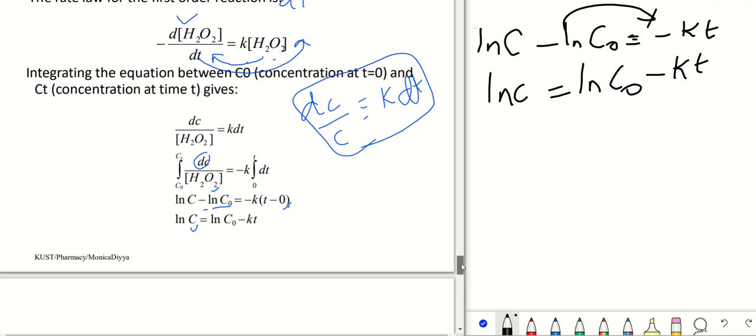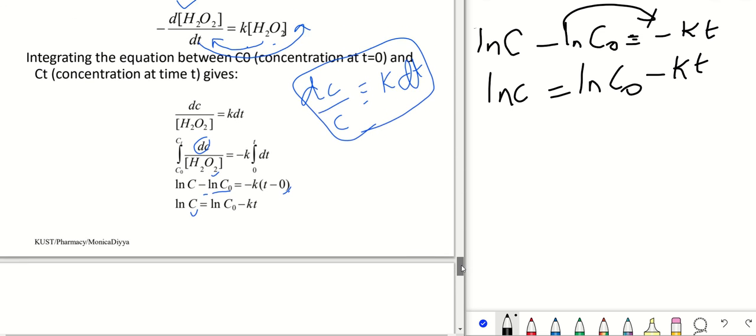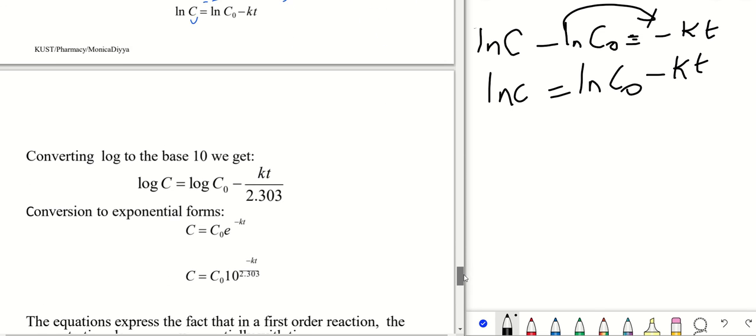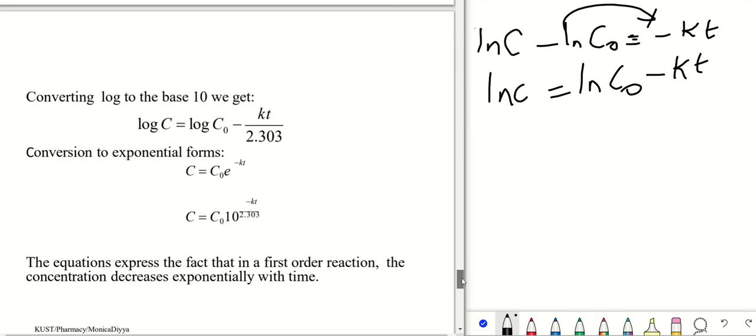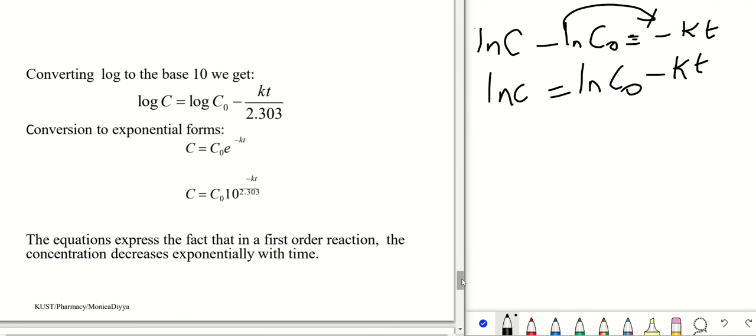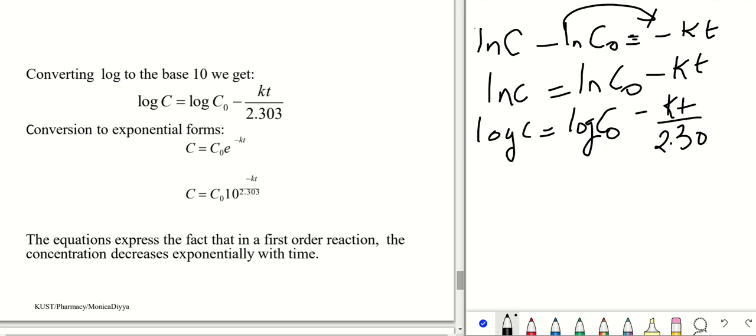Now to make this much simpler, we need to convert this to a logarithmic equation. So do always remember, when we are supposed to convert it, log C is equal to log C naught minus kt by 2.303.